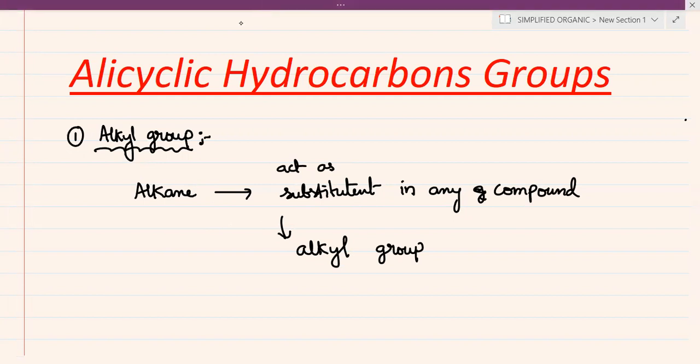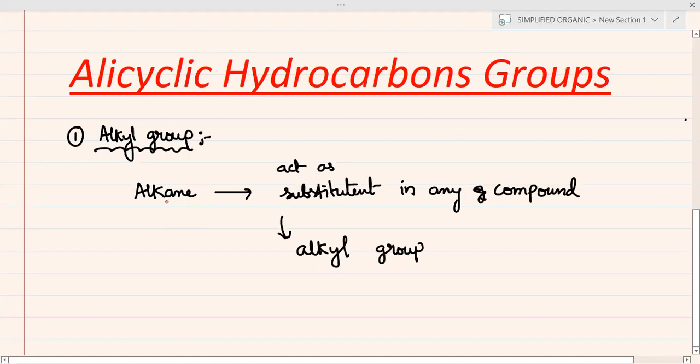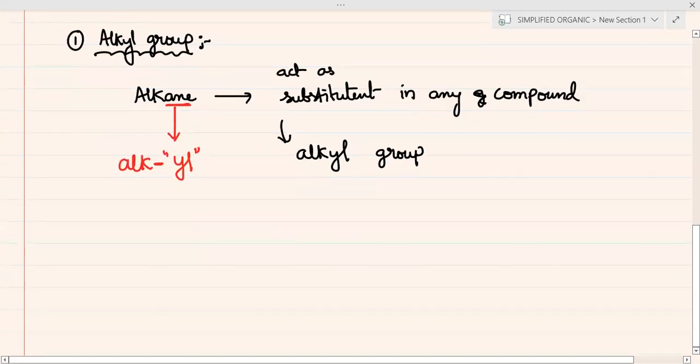If this alkane becomes a substituent, you replace this "ane" with "yl". So that's why it's called alkyl. If the alkane part becomes a branch or substituent, it's called alkyl.